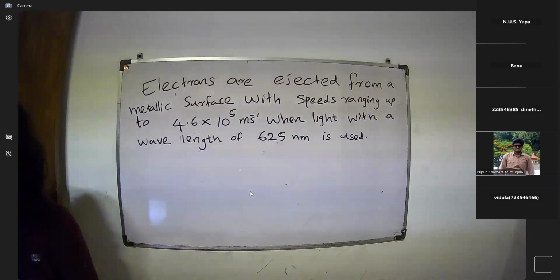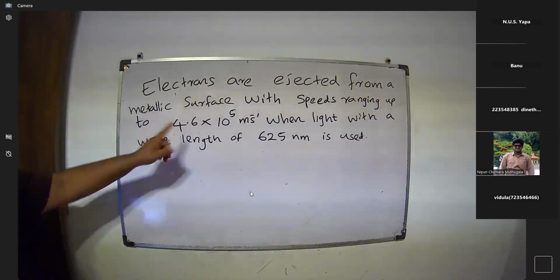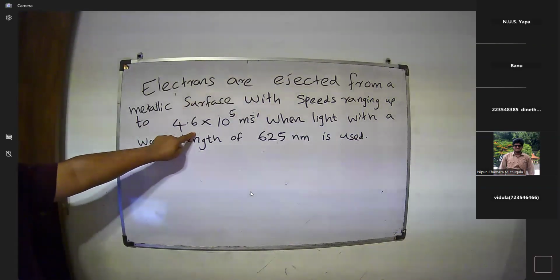Right? They are giving the lambda value, and electrons are ejected from the metallic surface with speeds up to 4.6 × 10^5 m s^-1.